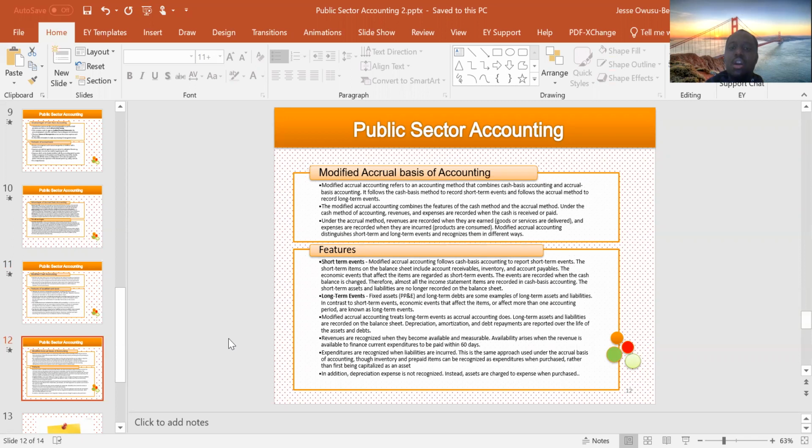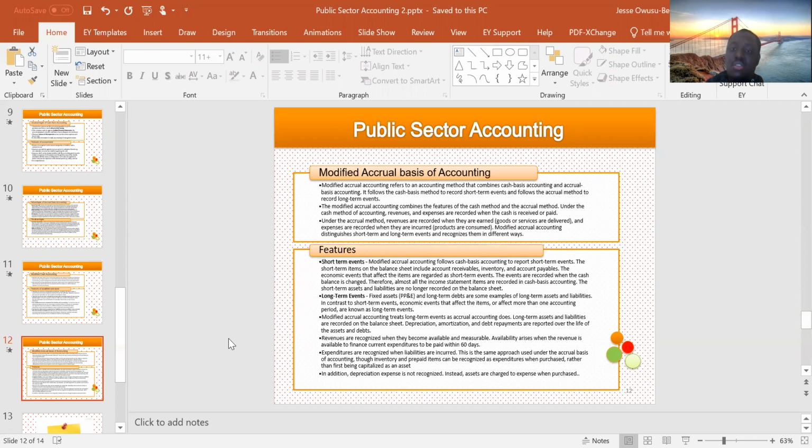The modified accrual accounting combines the features of the cash method and the accrual method. Under the cash method of accounting, revenues and expenses are recorded when cash is received or paid. Under the accrual method, revenues are recorded when they are earned and expenses are recorded when they are incurred.